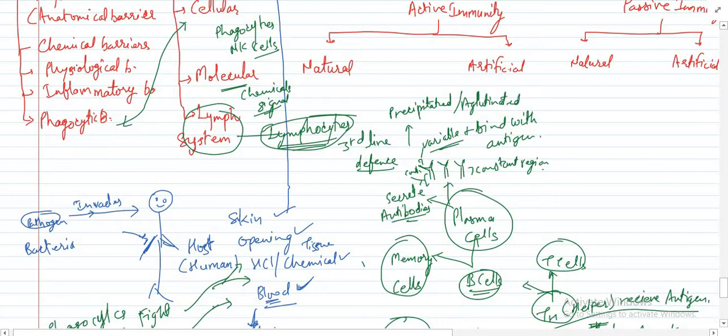This means these antibodies go there and make a trap, and after this trap, they bind. Like this, the antibody binds all the antigens in a trap. So this kind of trap has been made by the antibody, and now the antigen cannot move freely.